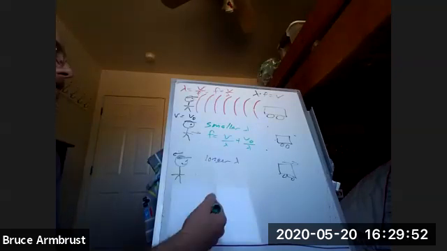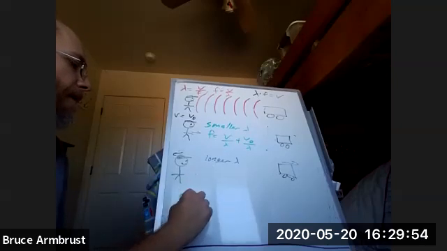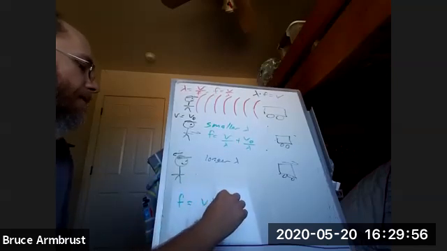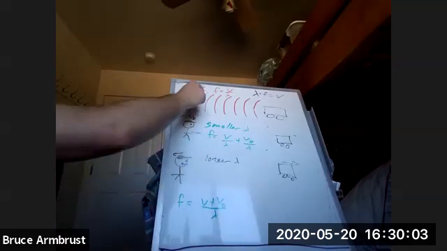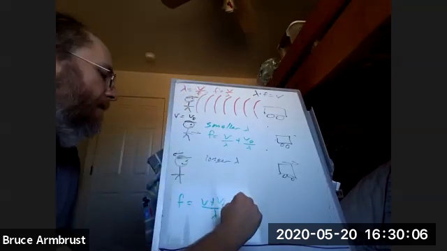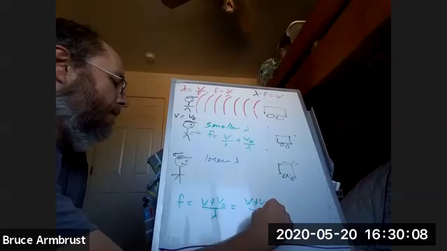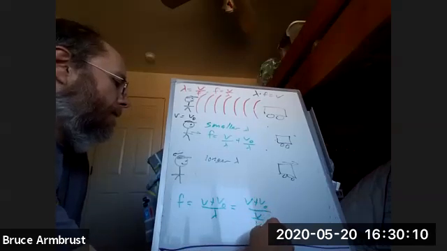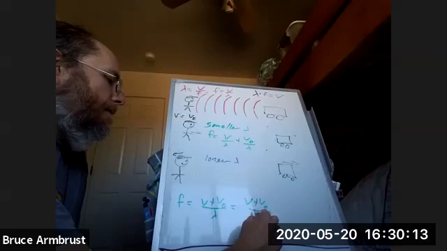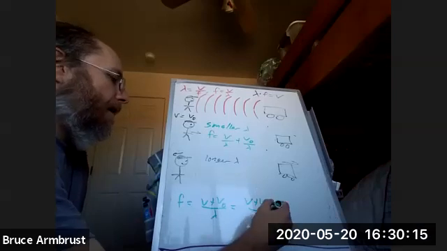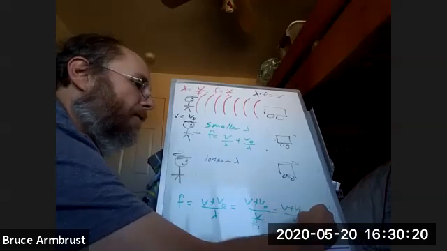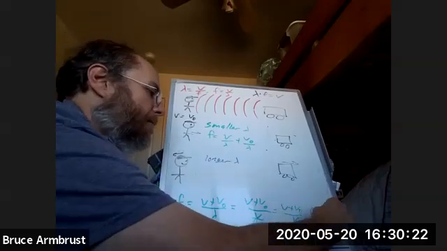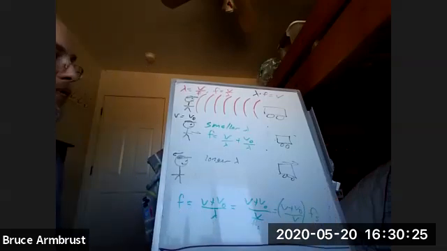All right, so if we do that, kind of run the numbers on it, we get F is equal to V plus V naught over lambda. The original lambda was V over the source frequency. And if we invert and multiply, we get that that's equal to V plus V naught over V times Fs.